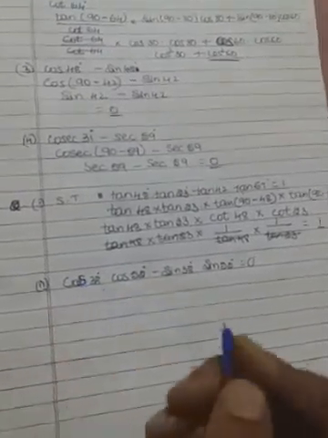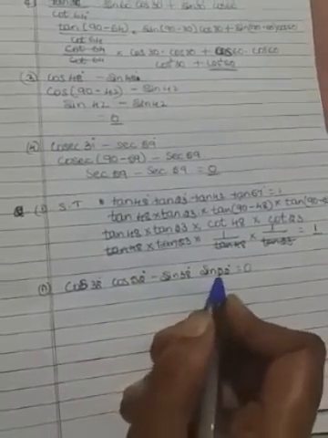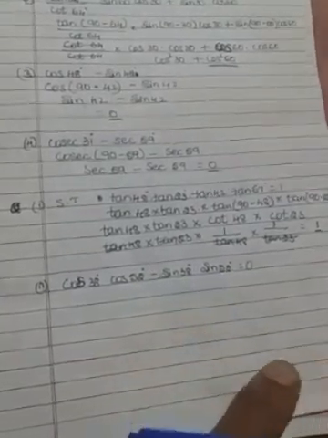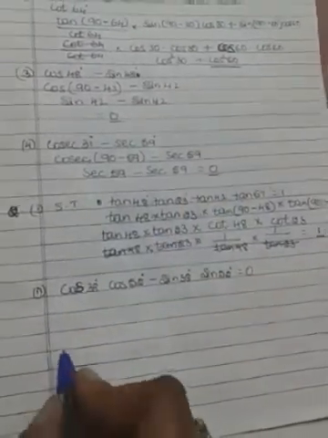Cos 38 into cos 52 minus sin 38 into sin 52 equal to 0. Let us do this in the same manner.